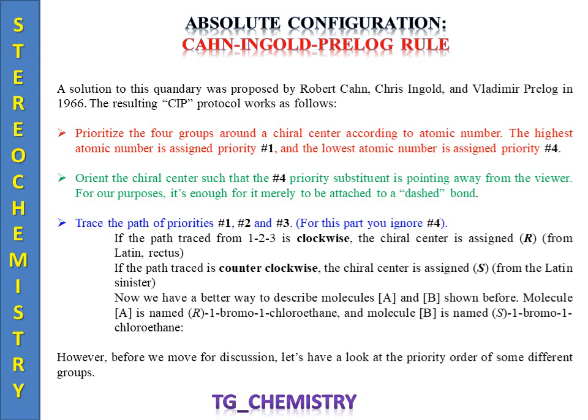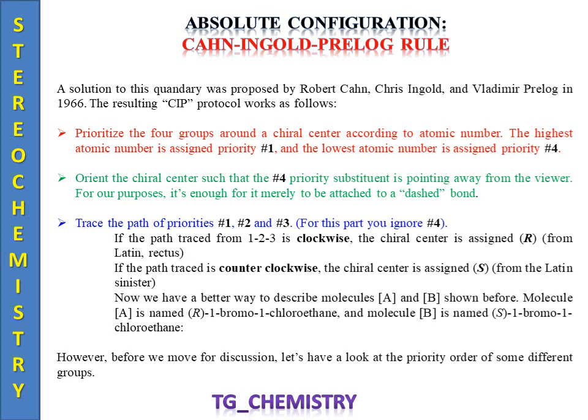And when we trace the path of 1, 2 and 3 substituents, then if the path traced from 1 to 2 to 3 is clockwise, the chiral center will be assigned as R. Now this R term is a Latin one and it means rectus. Again, if the path traced is counterclockwise, the chiral center will be assigned as S, and in Latin it is from sinister.